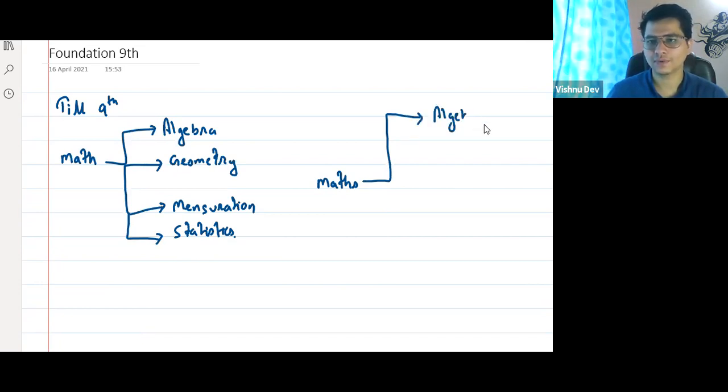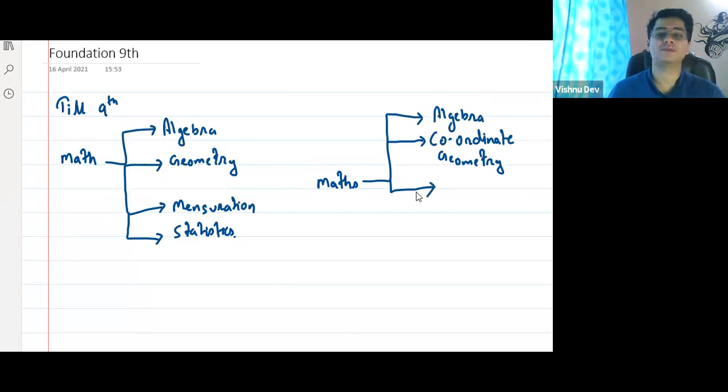Algebra is there. Now, instead of geometry, we have something called coordinate geometry. Let's try to understand what topics we have to see for higher grades. We don't have mensuration or statistics in higher grades, but we have something called calculus.